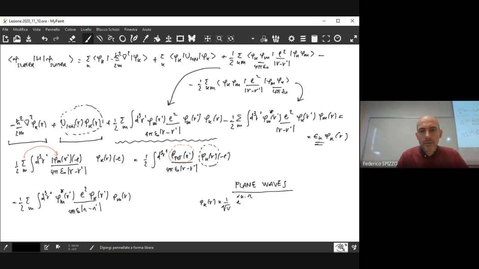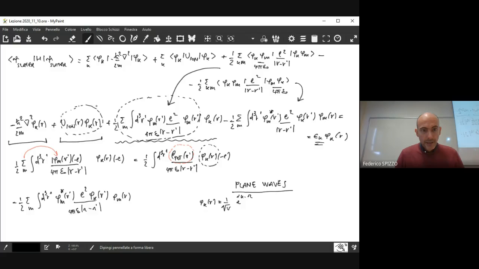So the interaction with the ions and the interaction with all the electrons. Due to the fact that we have to maintain charge neutrality, the overall charge due to the ions is exactly equal to the overall charge due to the electrons.